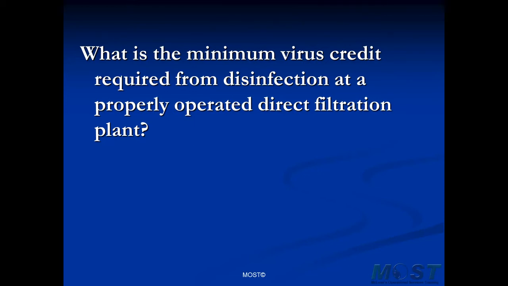And at a properly operated direct filtration plant, we get 1 log of virus removal credit. That's in the first barrier. So in the second barrier, we have to get the remaining 3 logs in order to be in compliance. Now, we could certainly get more than 3 logs. That's our minimum, but that gets us into compliance.